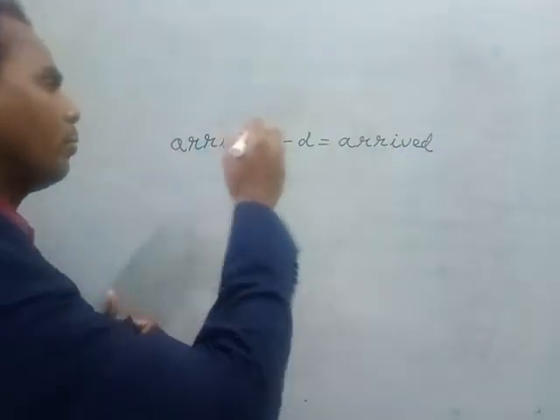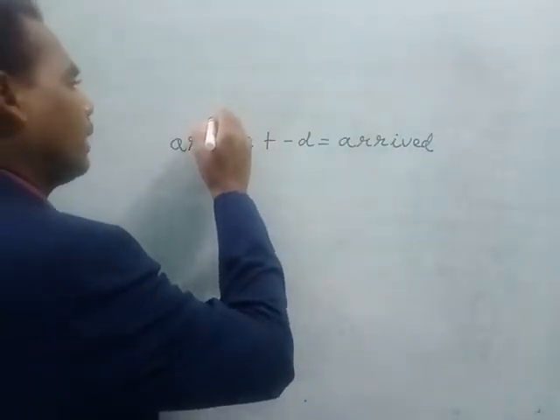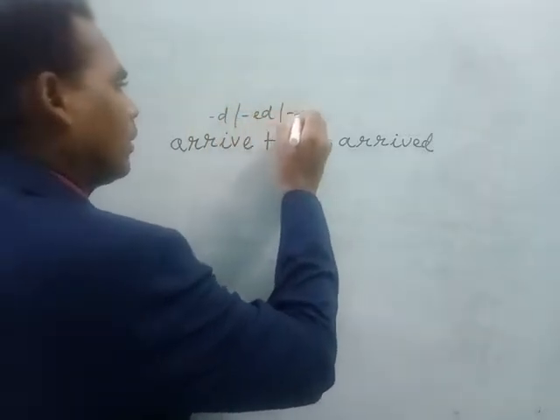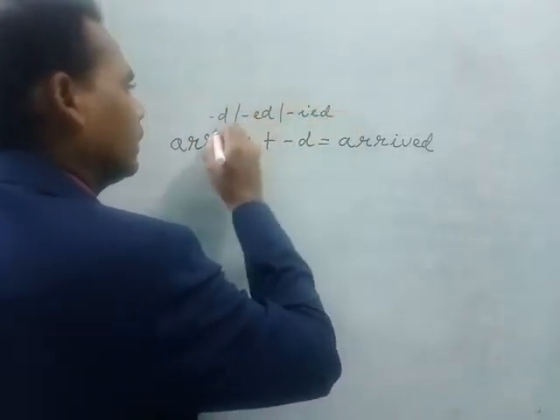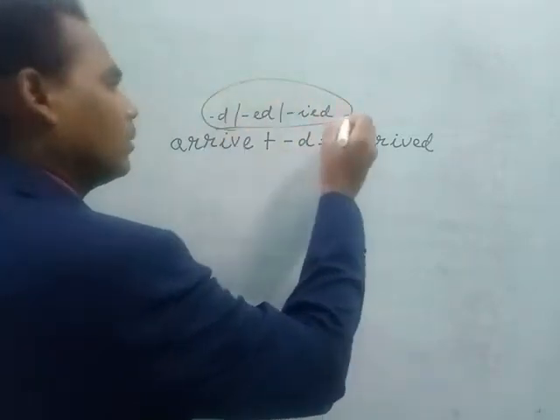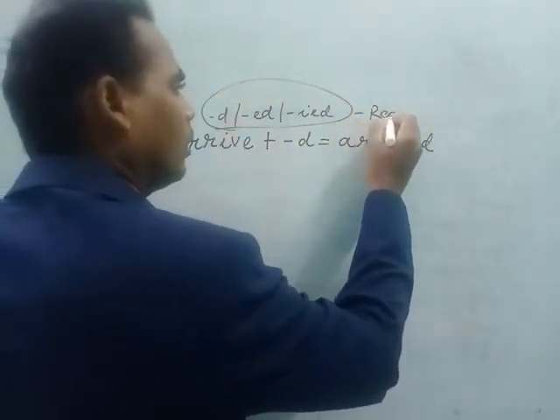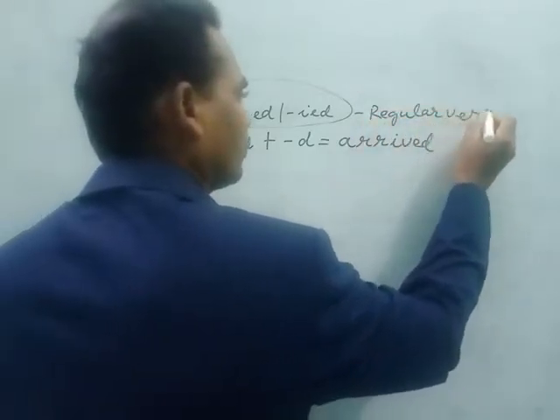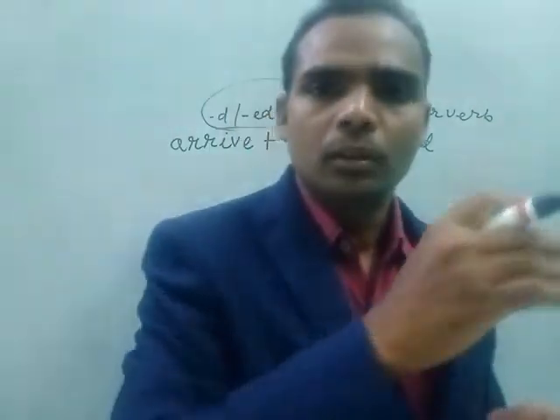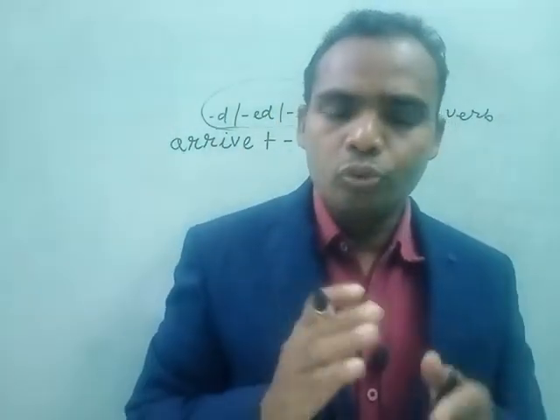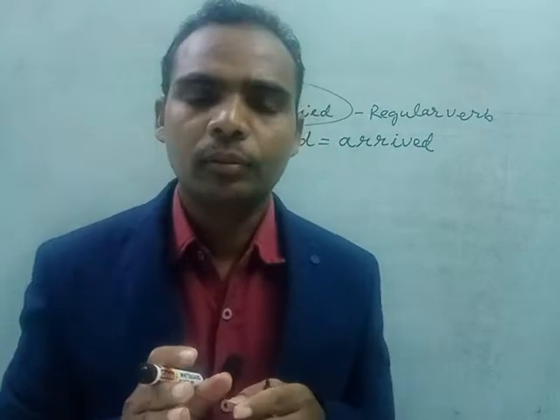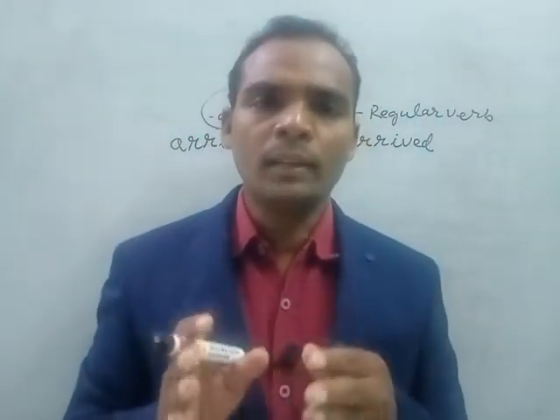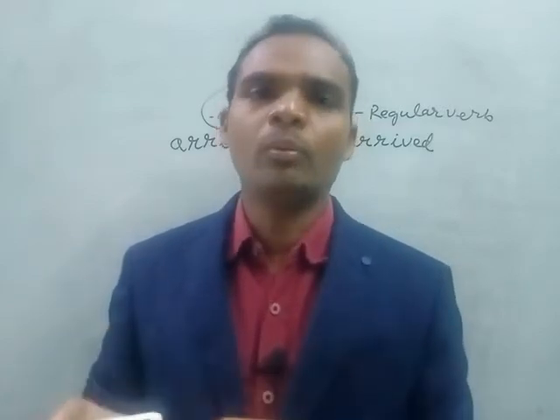So in regular verbs, if you add D or ed or ied, it is called a regular verb. There are certain rules if we want to know what are regular verbs and what are irregular verbs.